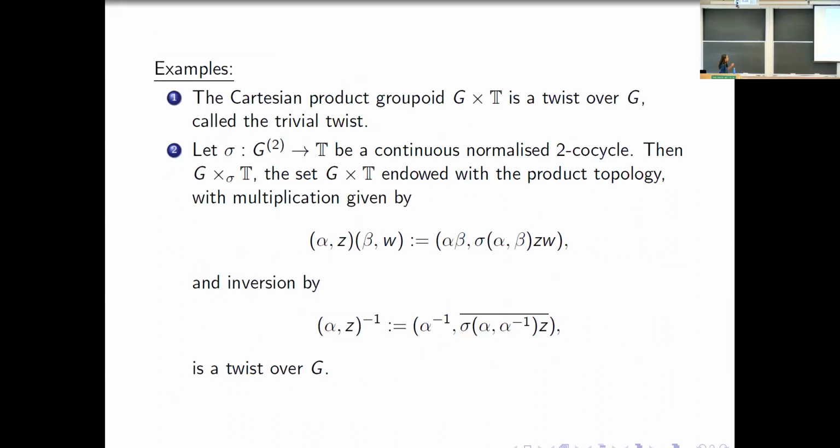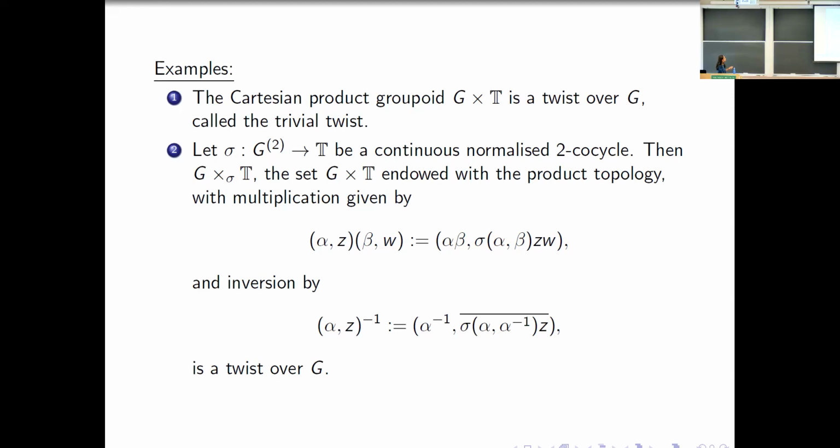All right, and then just a quick example. If we just take a Cartesian product of the groupoid G crossed with the unit circle, of course, this can be viewed as a twist over G, and it's just a trivial twist. That's an easy example. Secondly, as I just mentioned quickly, you can pick up a continuous two-cocycle if you like.